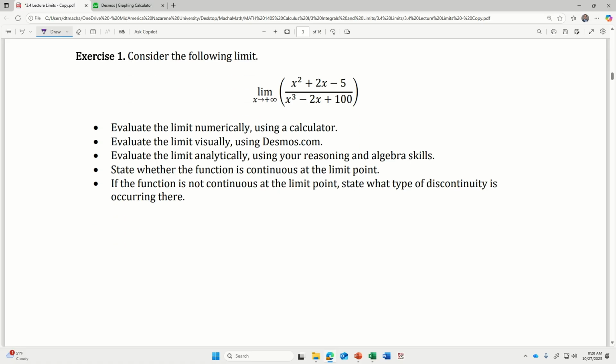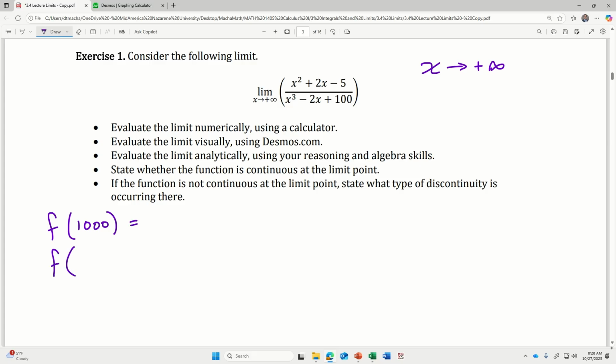New limit, evaluate the limit numerically using a calculator. This time, my limit has me approaching positive infinity. And so what I might do to evaluate the limit numerically using my calculator is plug in the biggest number you can think of, x equals 1,000, and find out what it is.